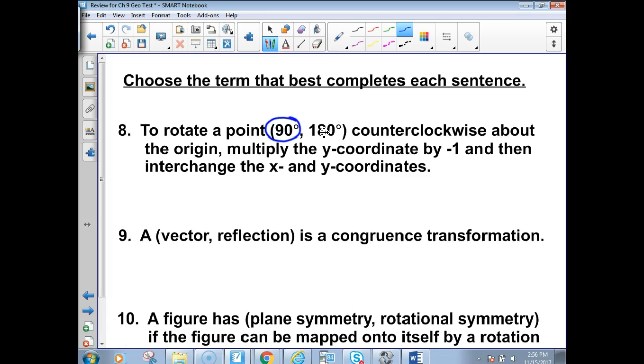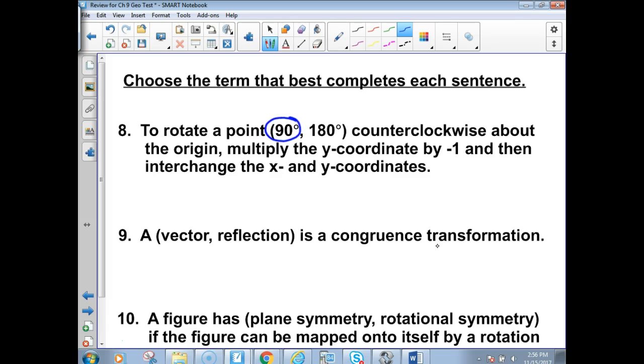I'm hoping that you remember that 180, you switch the signs on both x and y. You don't switch their position. So if you remember 180 is the one where you just change the sign of x and y, then that had to be 90-degree rotation. The one that you change the sign of x, and then switch x and y is when you rotate to 270. Okay?